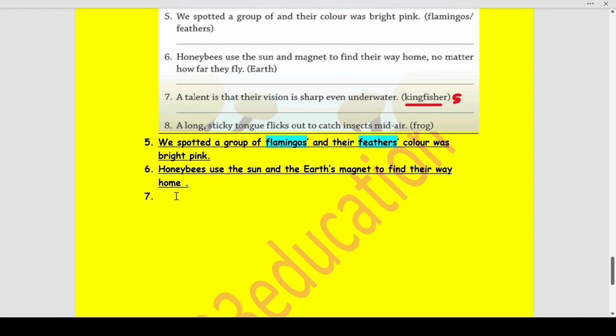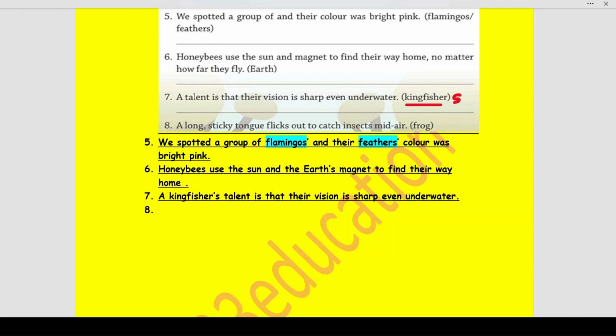So it will be a kingfisher's, kingfisher apostrophe S, talent is that their vision is sharp even under water. This is how you will approach it.